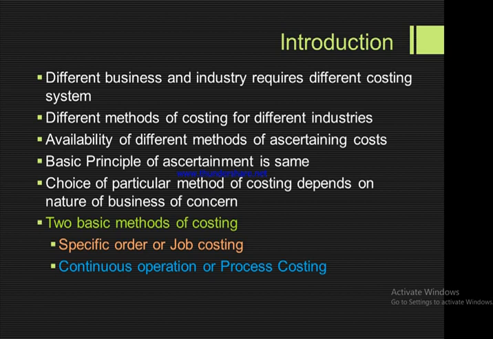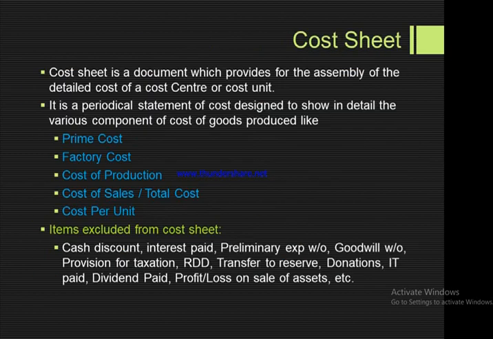In order to ascertain the cost per unit of manufacturing a given product, a cost sheet is prepared, and with the help of the cost sheet the companies try to find out the cost incurred in manufacturing a given product. This cost sheet is a document which provides the assembly of the details of cost with regard to the cost center or cost unit.